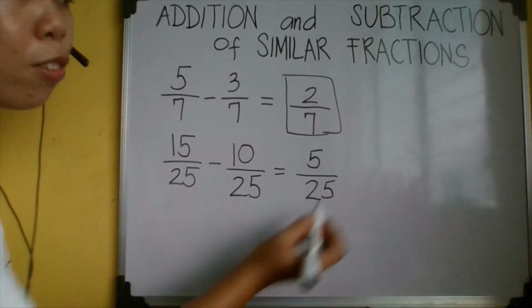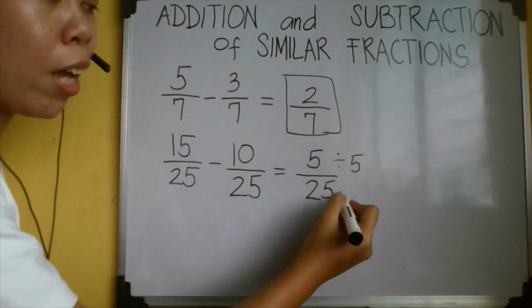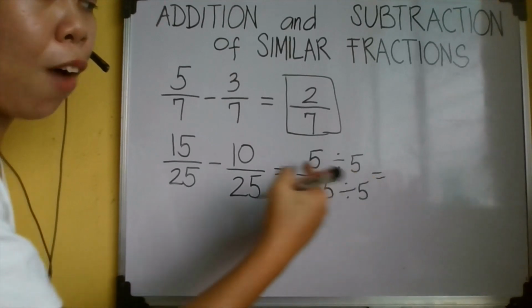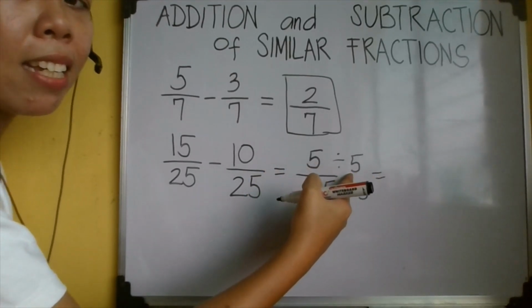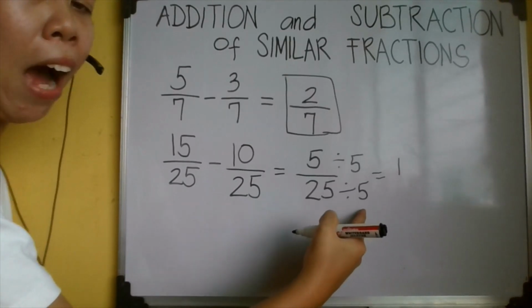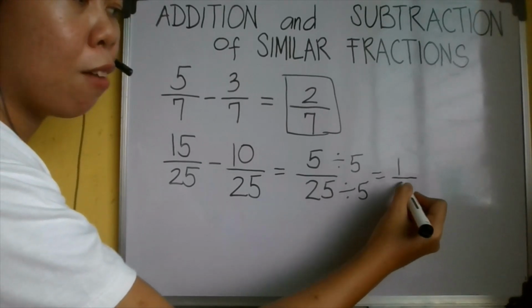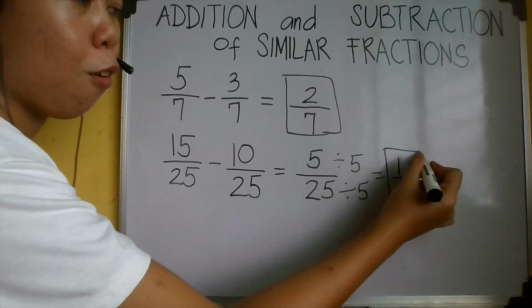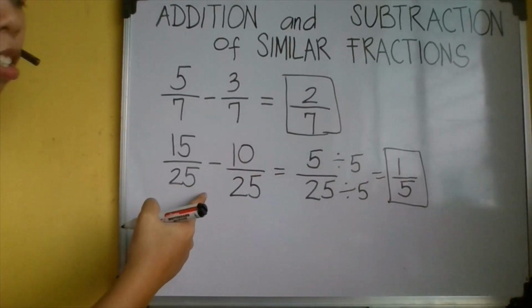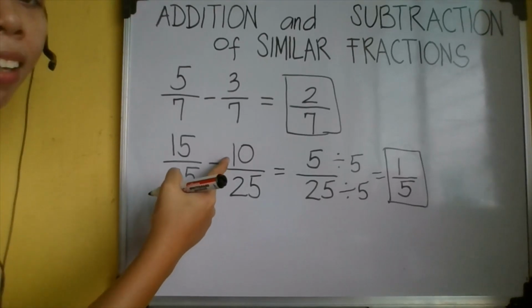So divide 5 by 5, then divide 25 by 5. 5 divided by 5 is 1. 25 divided by 5 is 5. So 1 over 5 is already in simplest form. Therefore, 1/5 is the difference of 15 over 25 and 10 over 25.